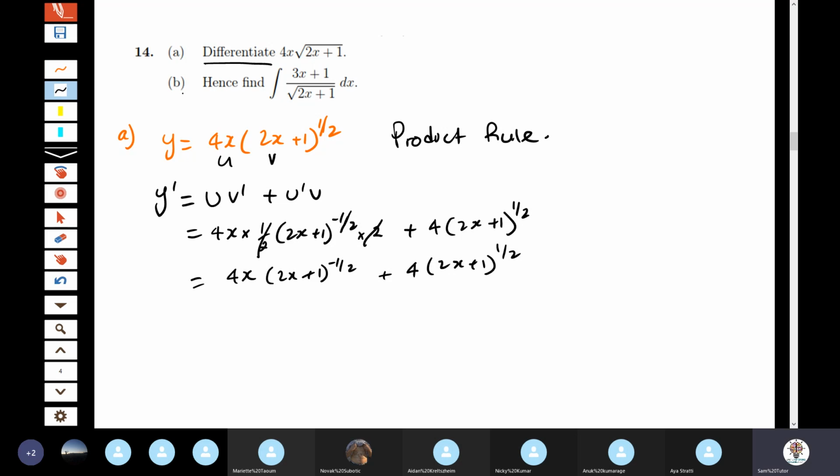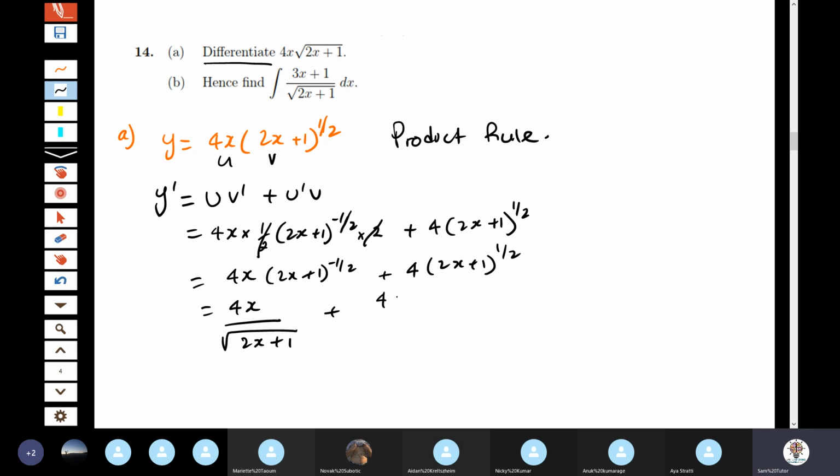And just because we can see what part B looks like, can you see it's a common denominator with part B? So I know I'm not going to leave it like this. I'm going to do a bit more math. So let's keep going. 4x on 2x plus 1 to the negative half becomes 2x plus 1 in the bottom, plus 4 on 2x plus.